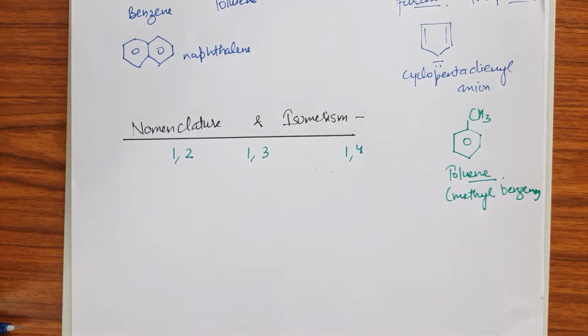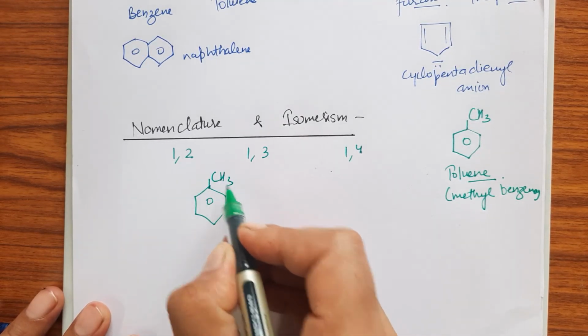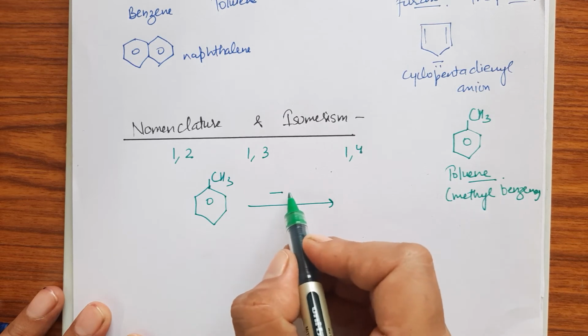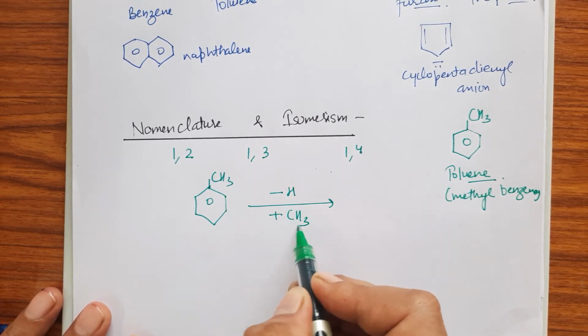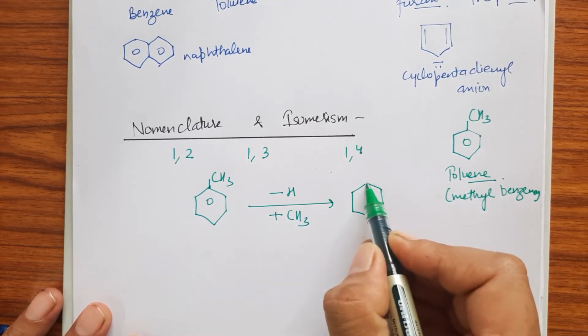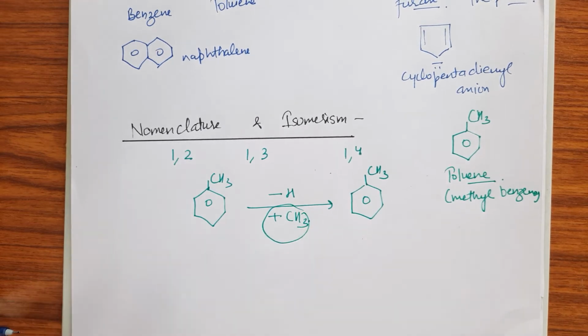So if I further do the substitution reaction, I remove one hydrogen from here and I add one CH3, then this coming group, the CH3, has three possibilities to attach.